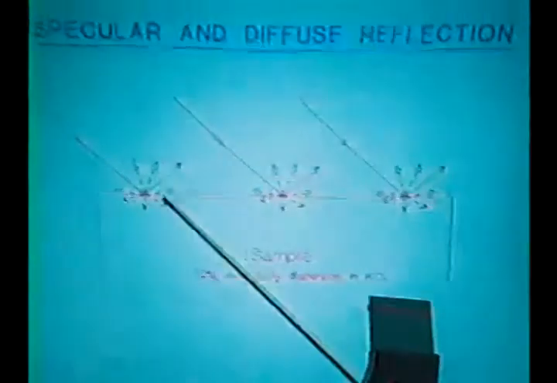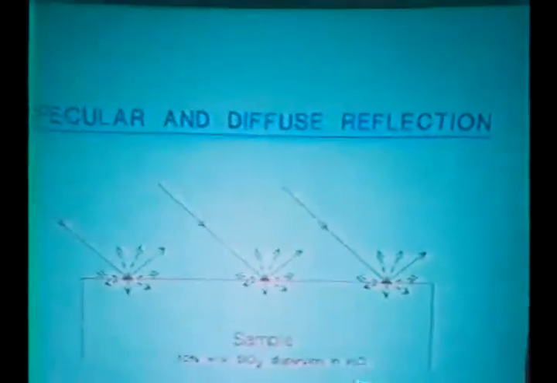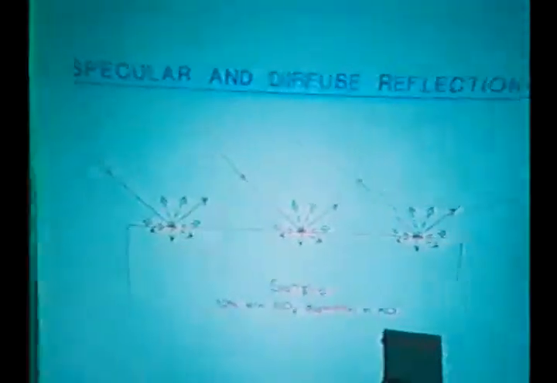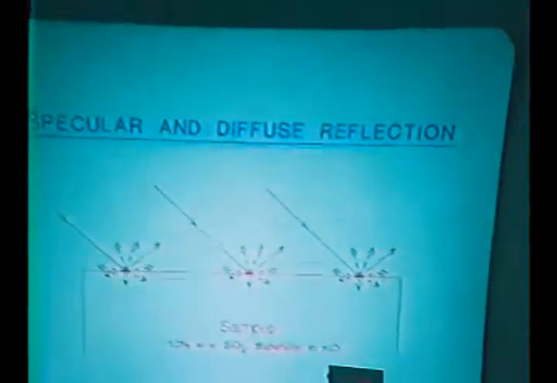The diffusely reflected radiation, that is the radiation that gets scattered, undergoes multiple reflections, refractions, and diffractions with various particles in the sample, and therefore interacts with the surface to a fair extent and contains the spectroscopic information. The optics then takes at least part of the scattered radiation and focuses it towards your infrared detector.